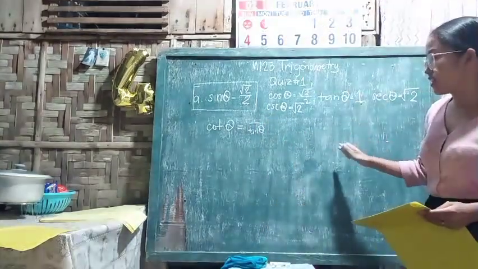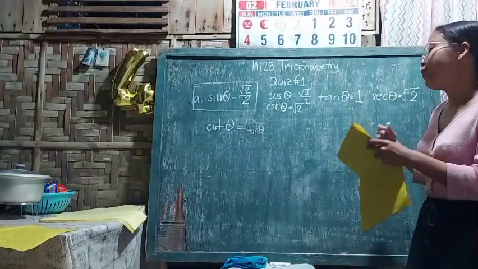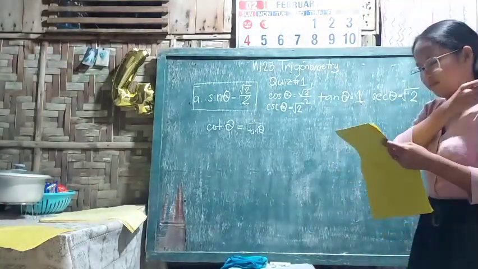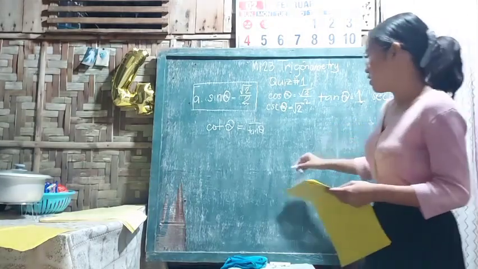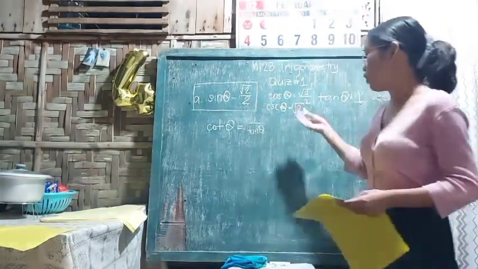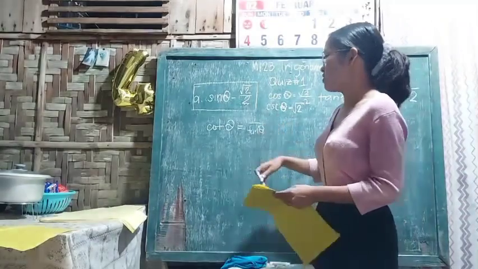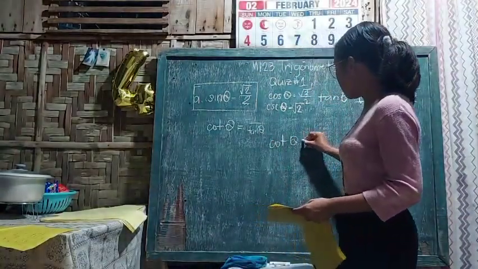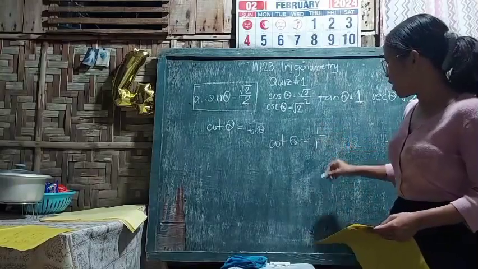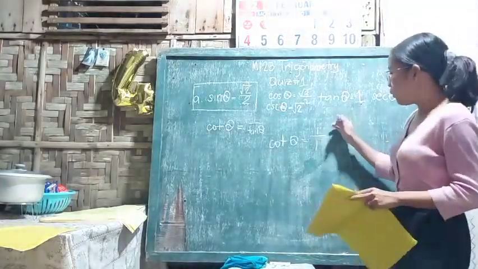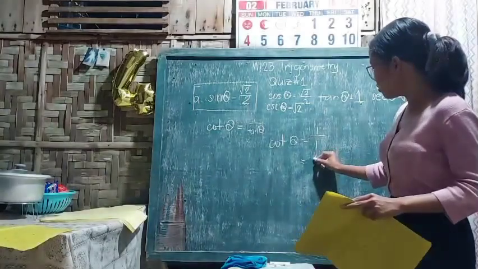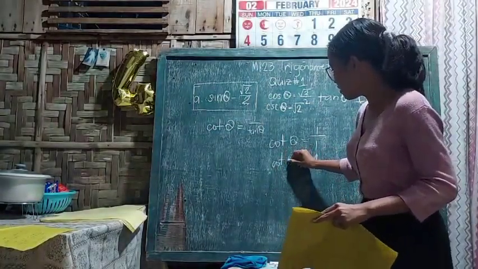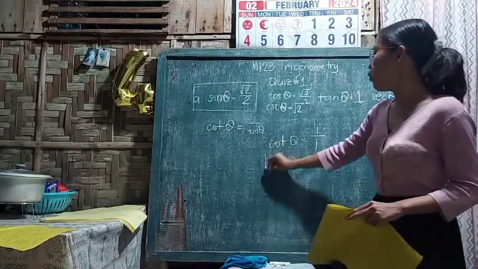Since cotangent is the reciprocal of the value of tangent theta, and we now have the value of our tangent theta, let us substitute. Cotangent theta is equal to 1 over 1. 1 over 1 is simply equal to 1. Now our cotangent theta is equal to 1.